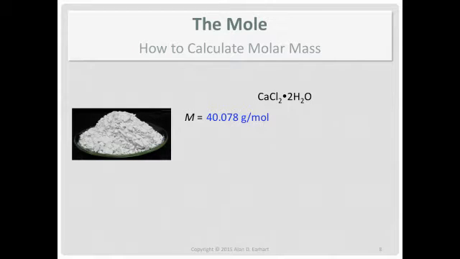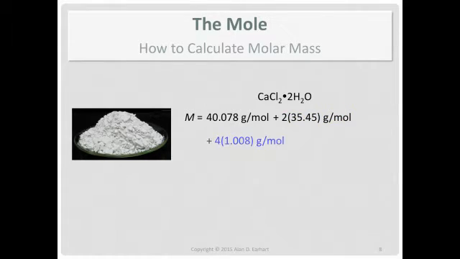We've got 40.078, that's calcium. We have 2 chlorines. Now the dot 2H2O, that's not multiplication. That means it's a hydrate and you have 2 water molecules associated with each calcium chloride.